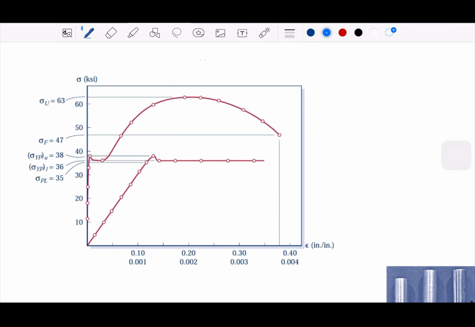This is the strain in inch per inch, but in standards it's millimeter per millimeter. The KSI here is usually MPa. So although this is KSI, the idea is still the same.